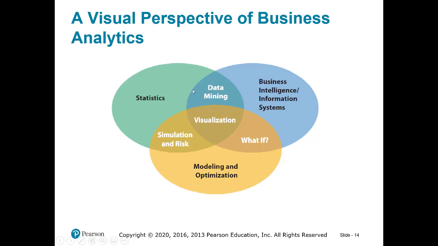And by combining both of these, we get data analysis, data mining, sometimes data science. We also look at modeling and optimization tools. For example, production planning, retail optimization, where we're deciding where to locate stores. And from that, combined with statistics, we have simulation and risk analysis.